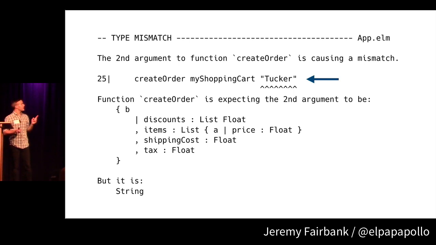So it's going to detect that I'm calling these arguments in the wrong order. It expected, or saw a string in the second argument, but it really expected this record that had discounts, items, and so on, which was our shopping cart record.